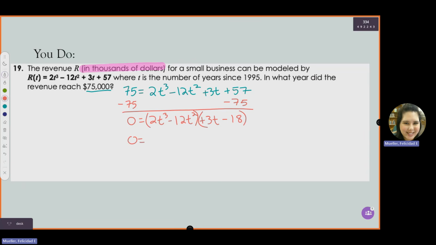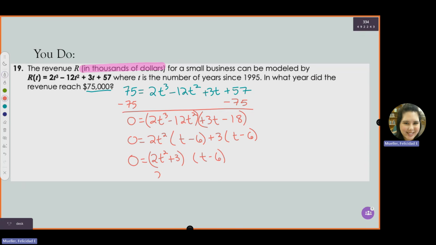And we are going to have 2t squared, and that leaves us t minus 6. Plus 3, so t minus 6. So we get 2t squared plus 3 and t minus 6.